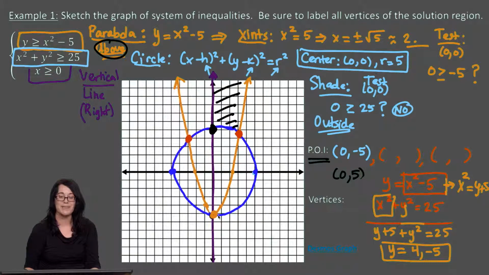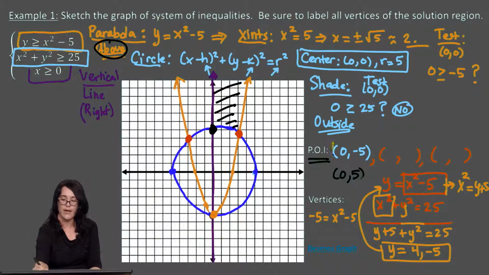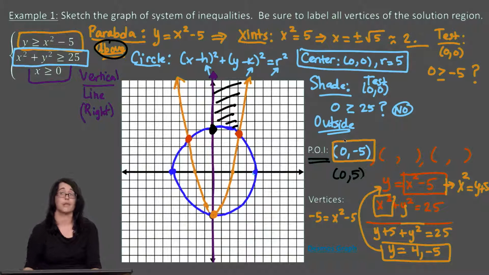At -5, the circle, the parabola, and the line all intersected. So we already found that at (0, -5). But to check, you could have gone back to the parabola because it has the smaller degree and plugged in your y. If you plugged in -5, you would have -5 equals x squared minus 5, which would mean x squared equals 0, or x equals plus or minus 0, which is just 0, which is what we knew already. So that was this point here, (0, -5).